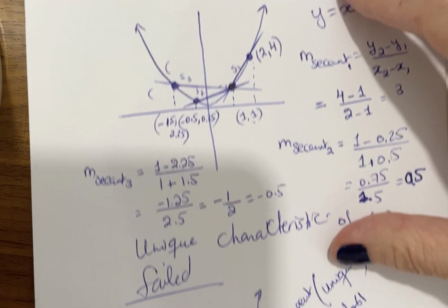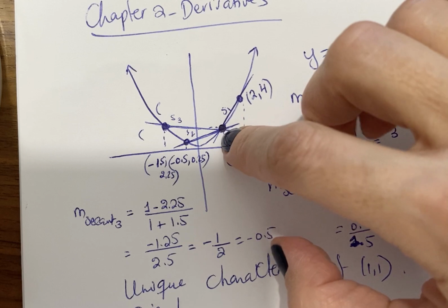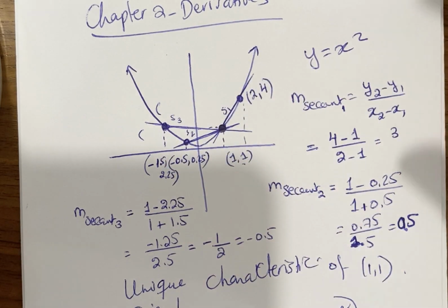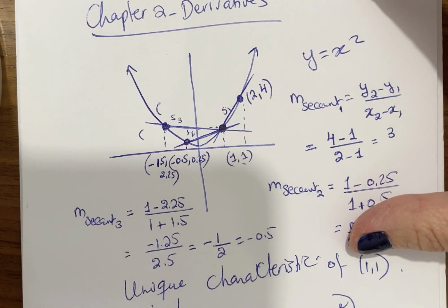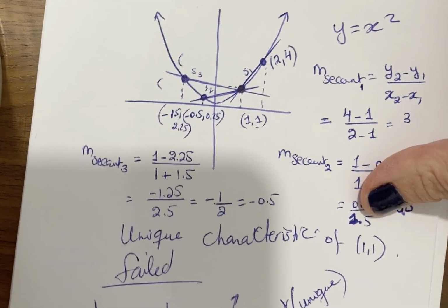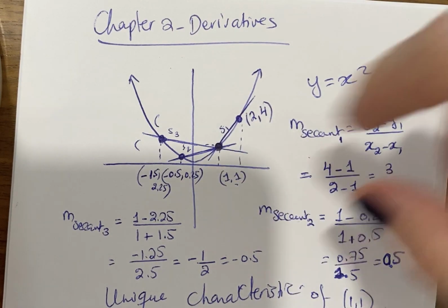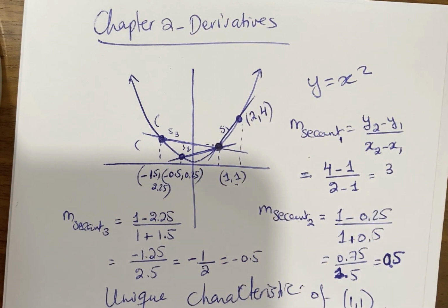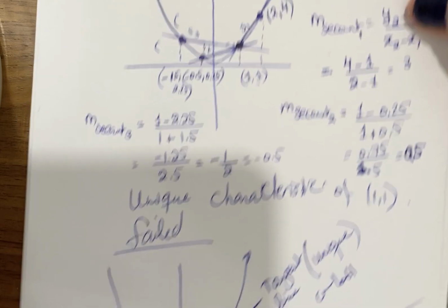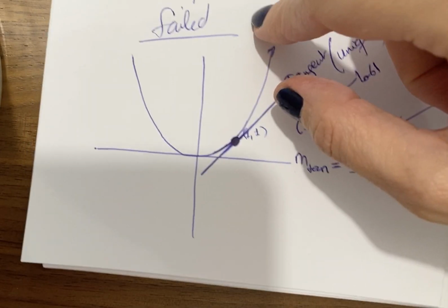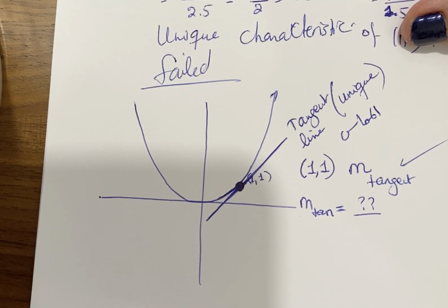Secants are lines that cut the curve in 2 points. So we know this point and we know this point. We do y2 minus y1 over x2 minus x1 and we're done. But now it's not unique, because how many such secants can I create? I created only 3, but you can create infinitely many. So it failed to be the unique characteristic they are looking for.